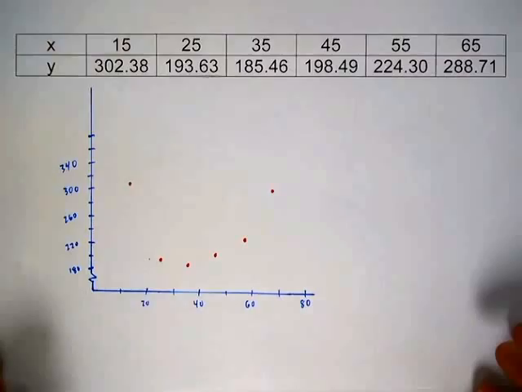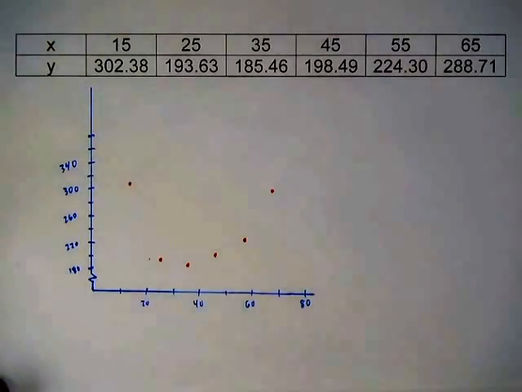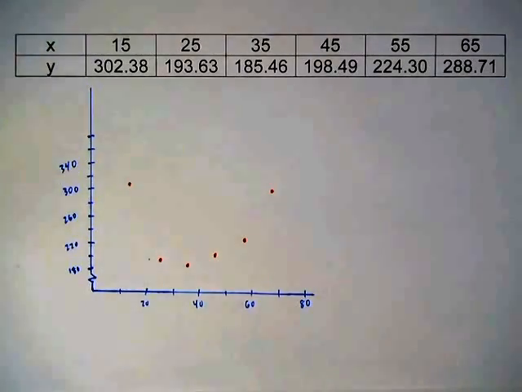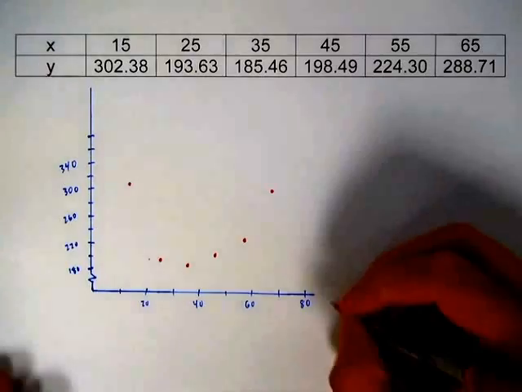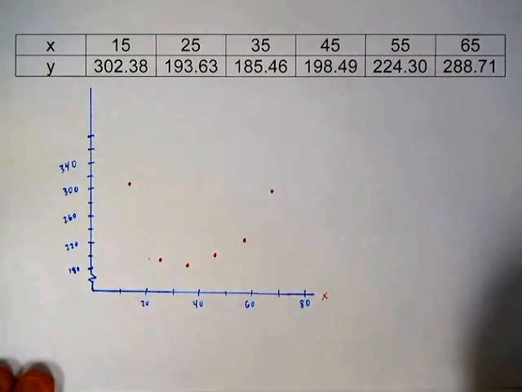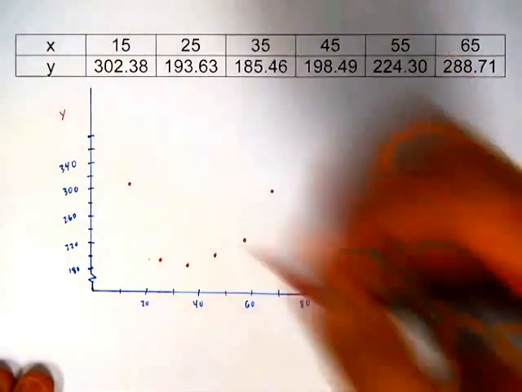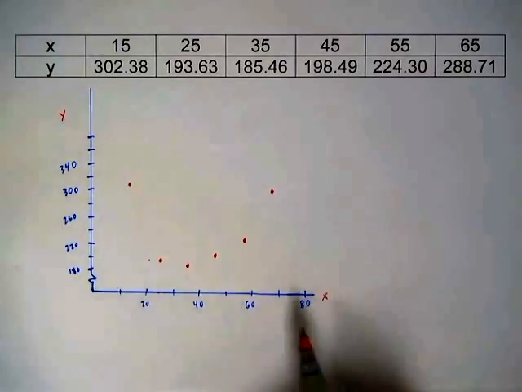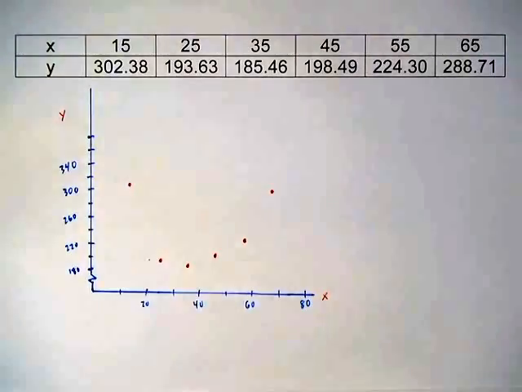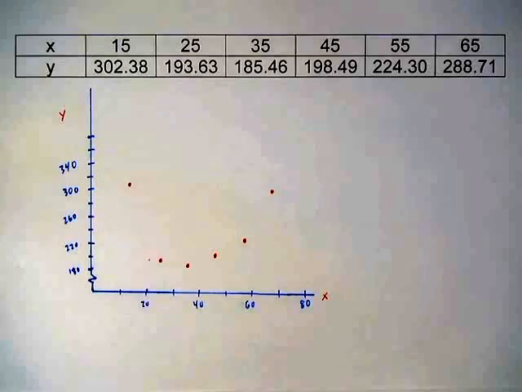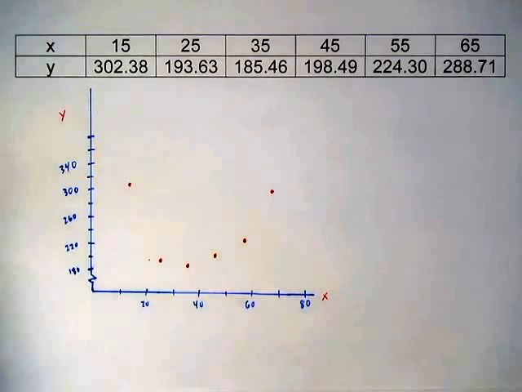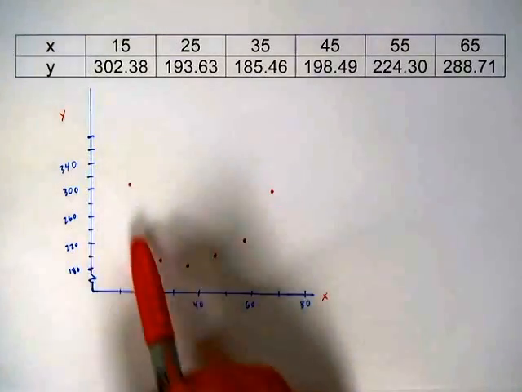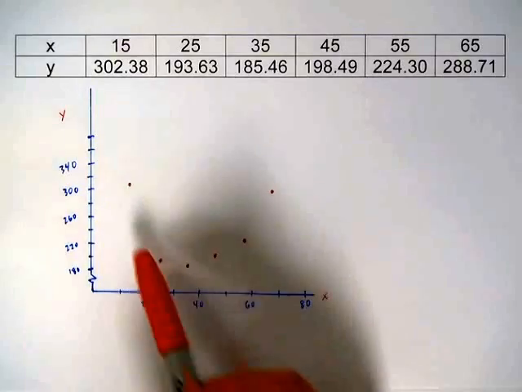All right, so that gives us a pretty clear picture of the data. Okay, again, age as the explanatory variable, time as the response variable. So again, explanatory variable on the x-axis and response variable on the y-axis. Okay, and we can also see that there seems to be kind of this parabola shape almost.